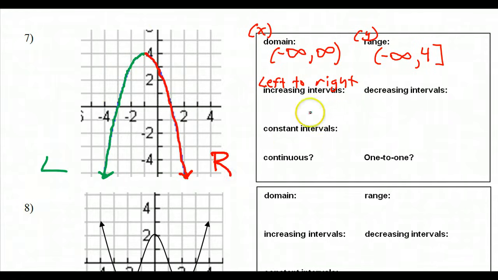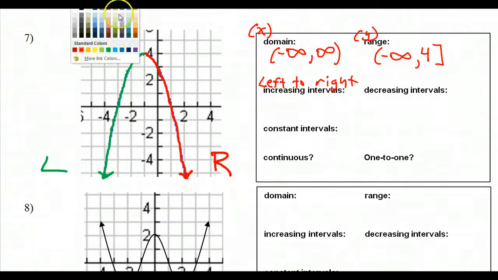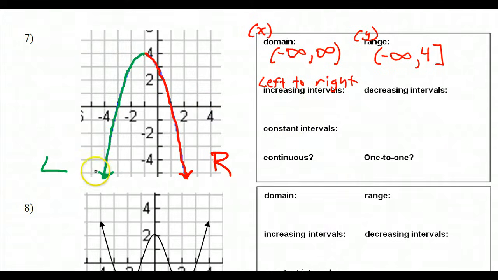So if you looked at this graph from left to right, and that's how you always have to do these intervals, the increasing interval I colored green. Because from left to right, the green part is the part where you are rising. So starting here at -infinity, and not -infinity because it's pointing down, -infinity because I'm starting here on the left.